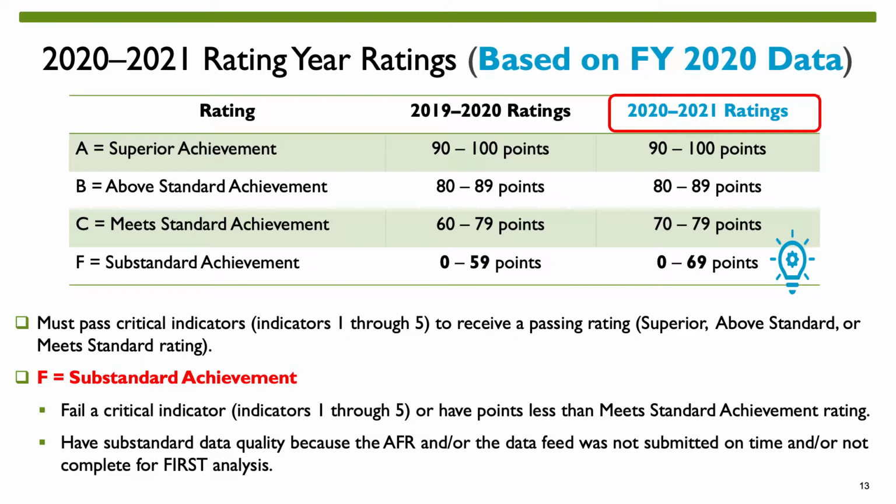Anything below that gets you an F. You will also receive an F, again, if the data is substandard or if there has been some type of investigation where the commissioner says you have to issue them an F.